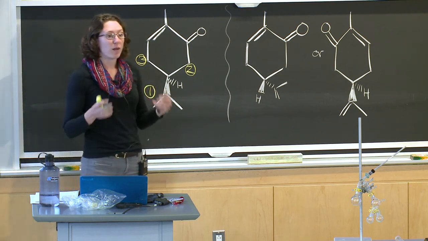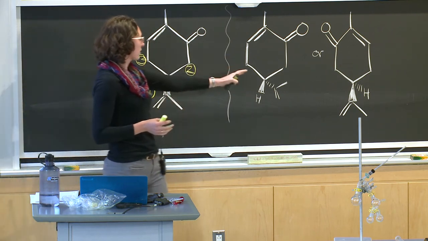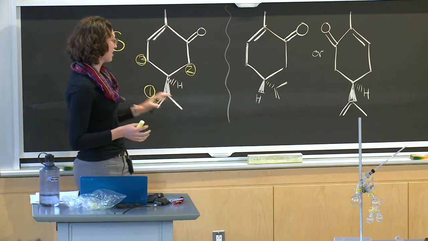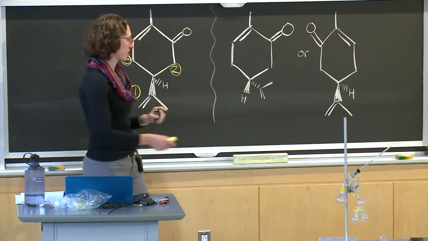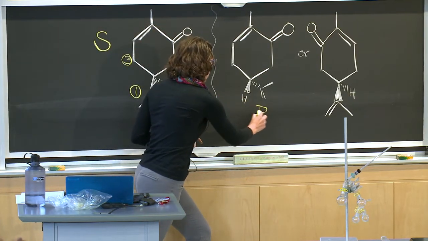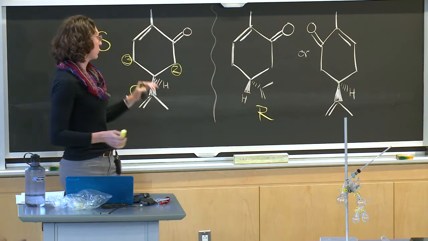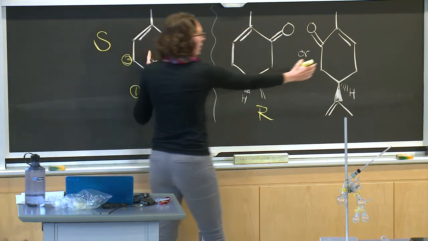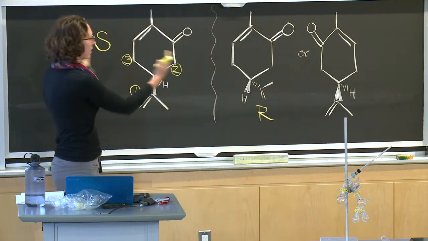The way that chiral molecules work is if you take the mirror image, then you get the opposite configuration. So if this is our S, if we flip these 2 substituents on our chiral center, then we get the R. Or if you prefer to look at it as the actual mirror image, then this molecule and this molecule are mirror images of each other.